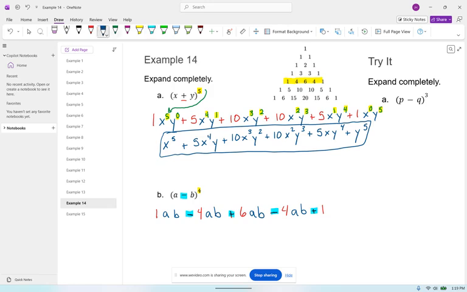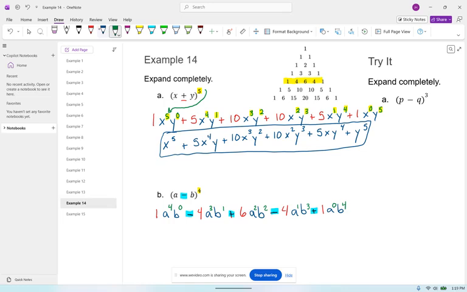Now we need our exponents on our variables. On the a, we're going to start high: 4, 3, 2, 1, and then I forgot our ab, so a, b. a to the 0, so 4, 3, 2, 1, 0. And then 0, 1, 2, 3, and 4.